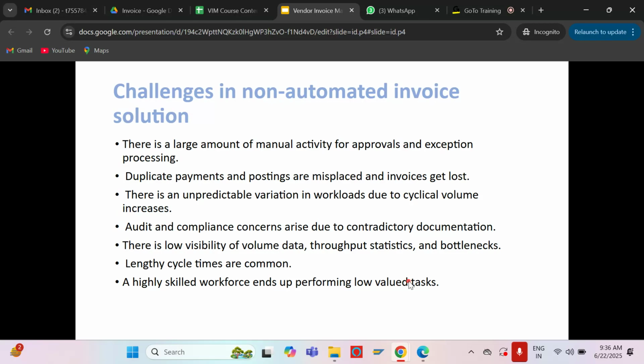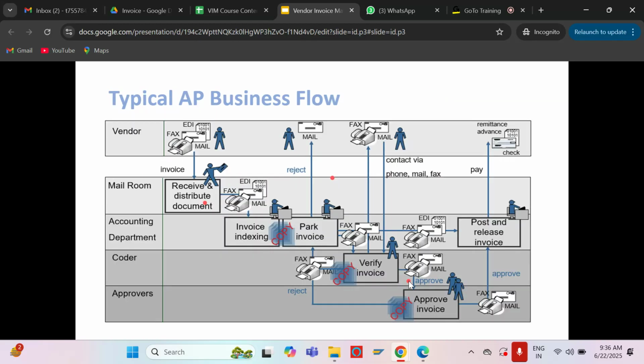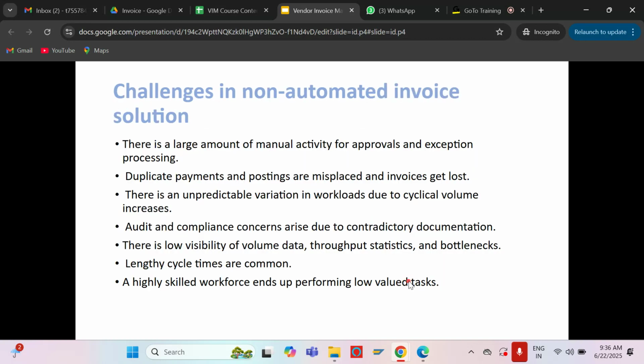So they were receiving around 25,000 invoices per day to be processed. Now just imagine, if we are receiving 25,000 invoices per day, how hectic it is going to be to follow this non-automated process. The workforce here will be very high. We will require many people who will be handling those invoices, doing the checks and everything, the coding and approving.